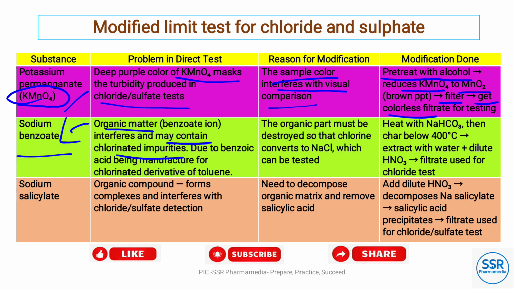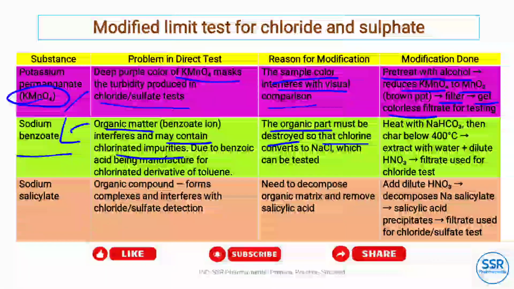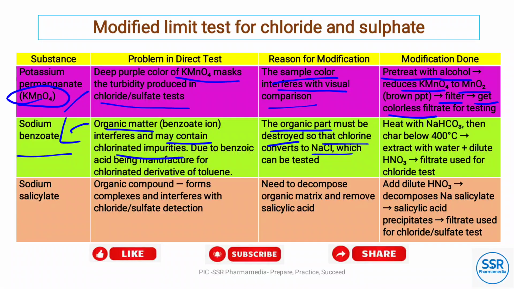In order to detect the chloride impurities, we take the sample into the modified limit test. The reason is that the organic part must be destroyed so that the chlorine converts to sodium chloride, which can be tested.